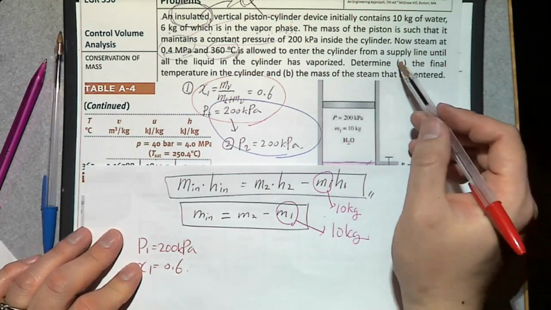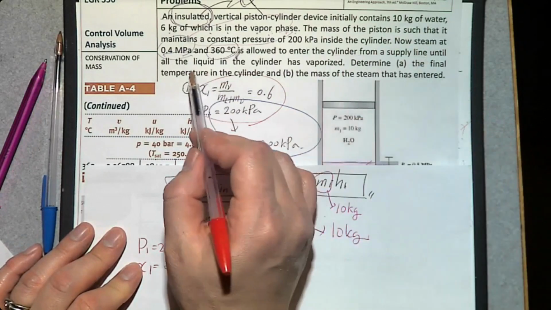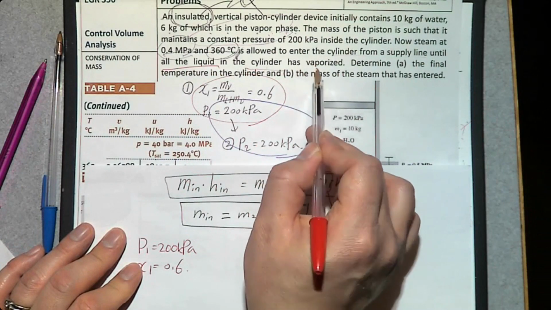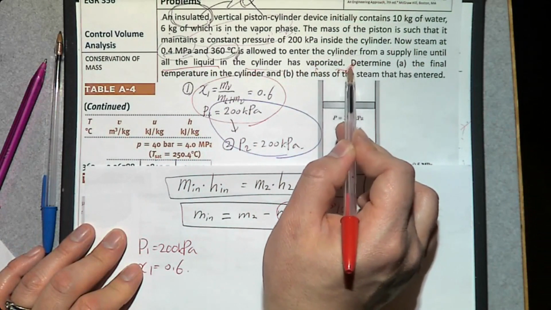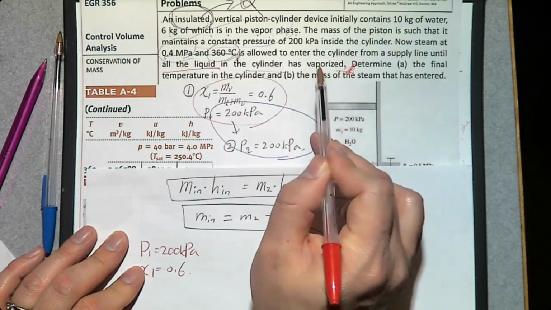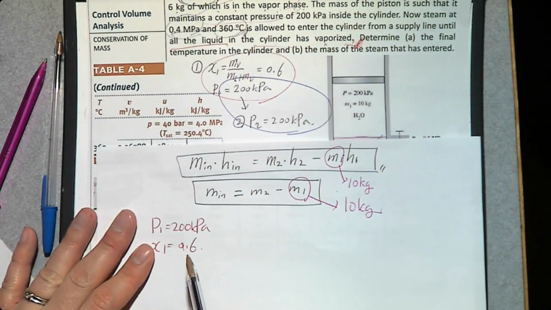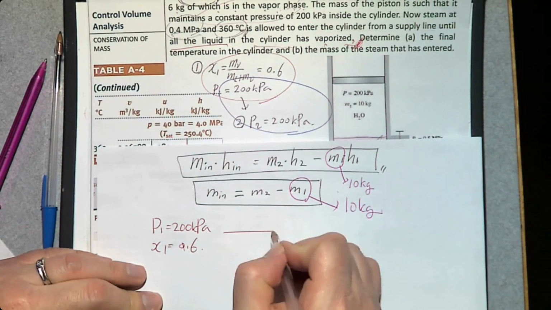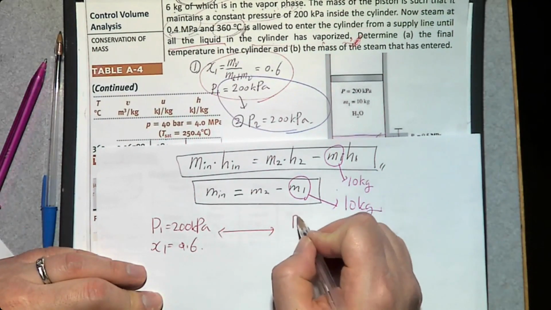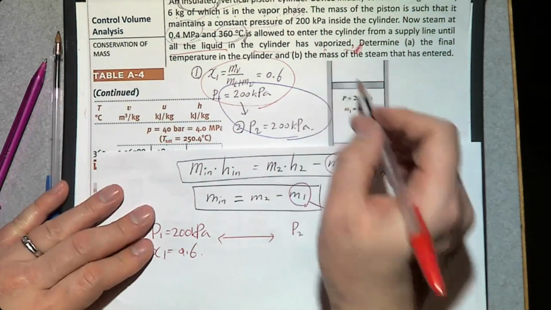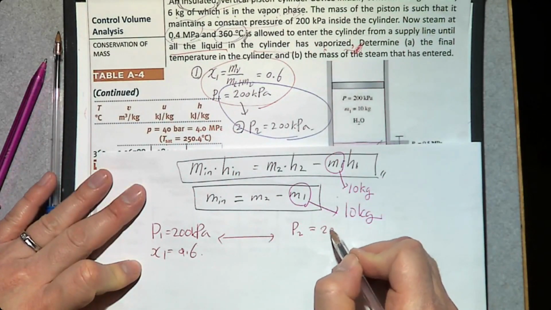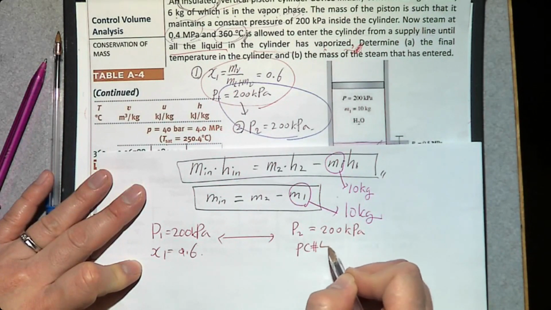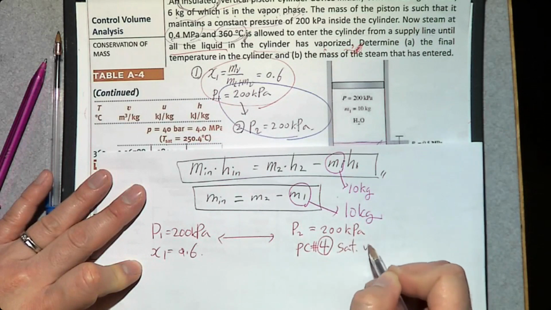What about the final state? At the final state, all the liquid in the cylinder has vaporized. So what is the phase after all the liquid in the mixture is vaporized? It's going to be saturated vapor. Since it's a constant pressure process, P2 is again 200 kilopascal, and it is saturated vapor.